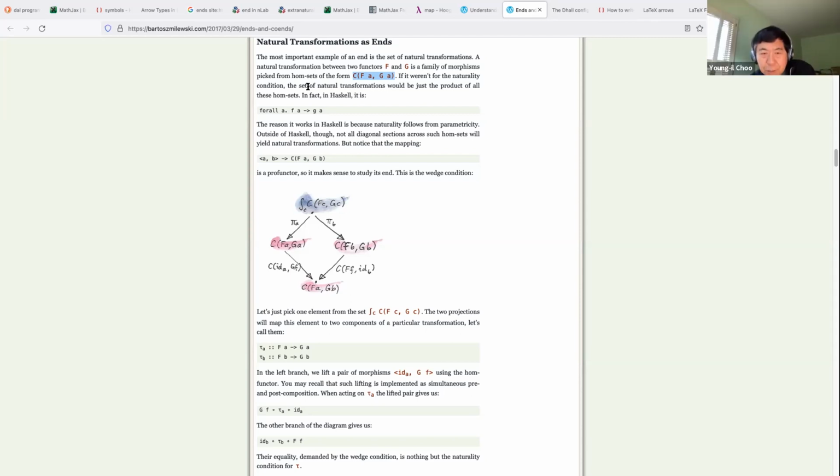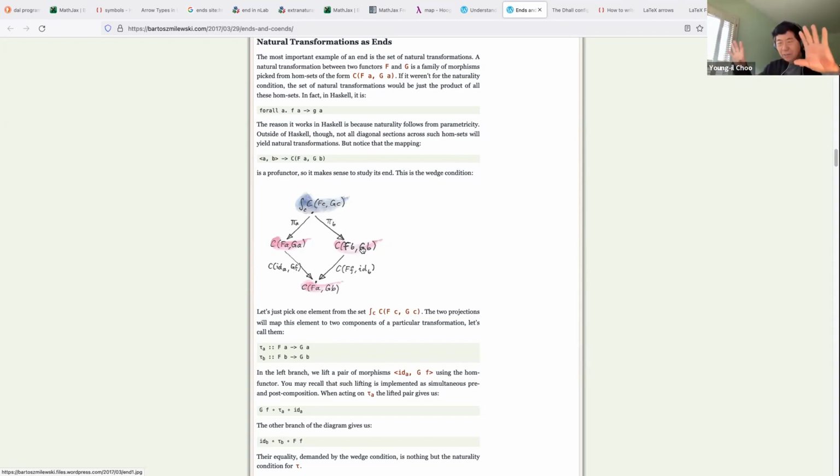Right, because you can think of the natural transformation pi there as actually a function that takes an object and then returns an arrow. So for each index A or B, you have the set of arrows, and then you take the product of all of them.